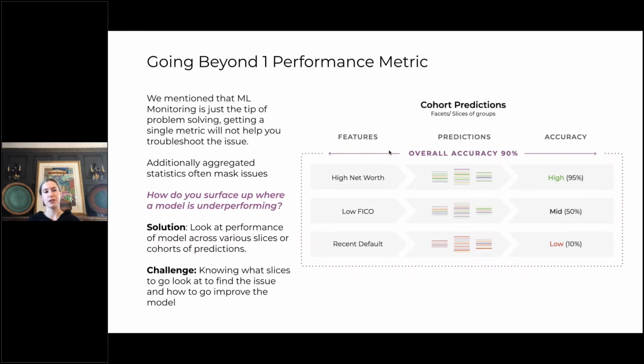So you want to be able to surface up where your model is underperforming. So being able to have these metrics around every feature, every input, in addition to just having an overall aggregate statistic.